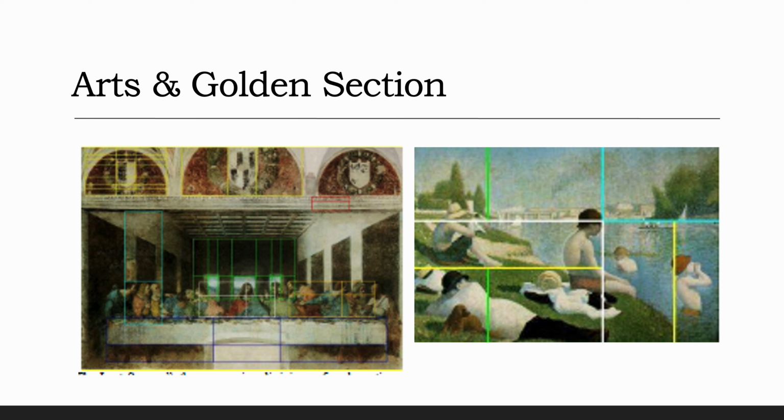In the one on the right, this is The Bathers of Asnières, I'm saying this wrong, by Georges Seurat. And the horizon falls exactly at the golden section of the height of the painting, and the trees and the people are placed on the golden sections of smaller sections of the painting.